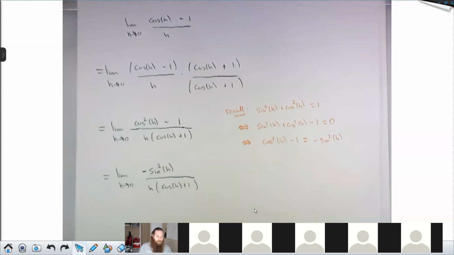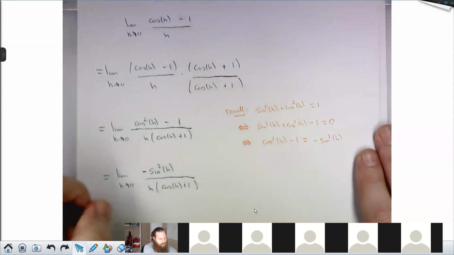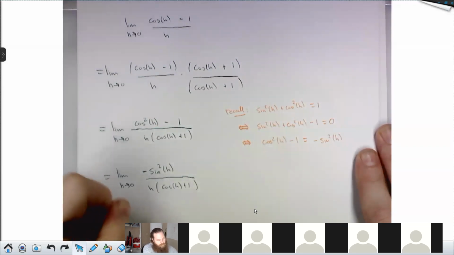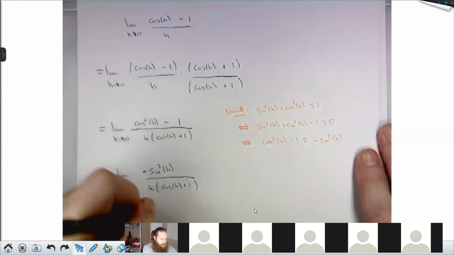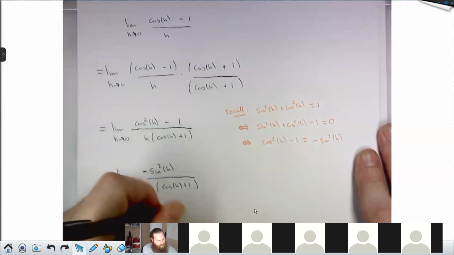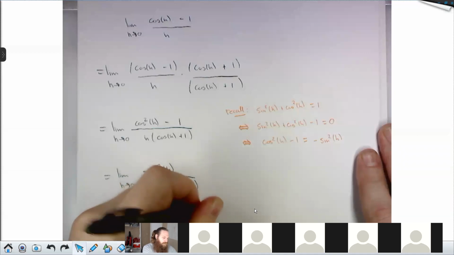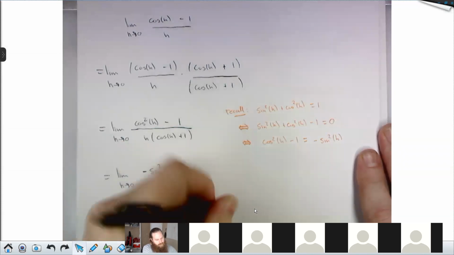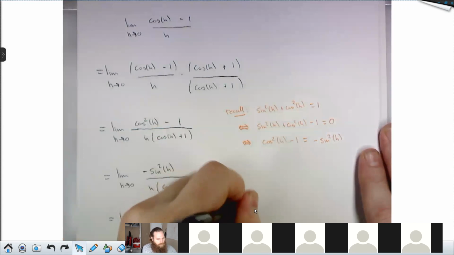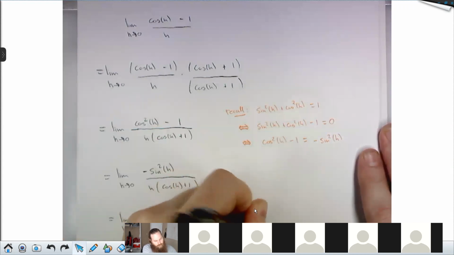Now I'm going to group terms here. So the negative I'm not too worried about. This is the limit as h goes to 0. I'll write the negative term out here. How about negative sine of h times sine of h over h times 1 over cos of h plus 1.